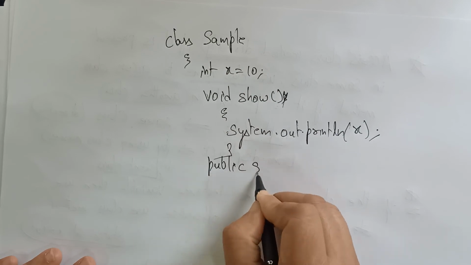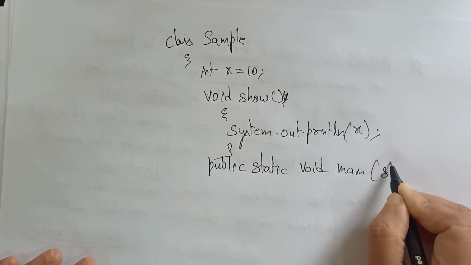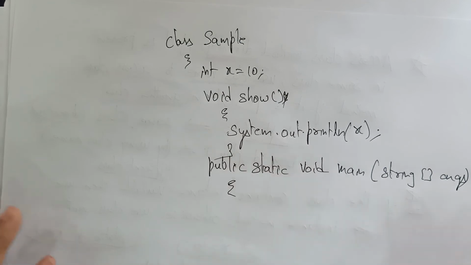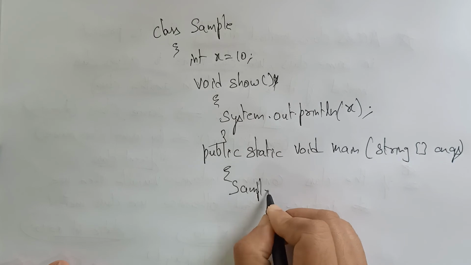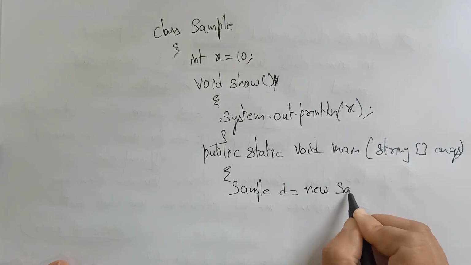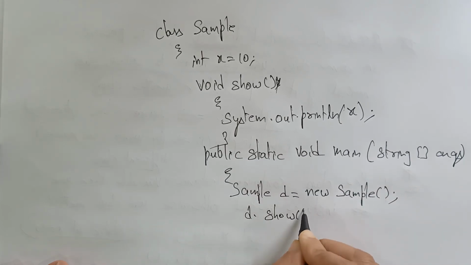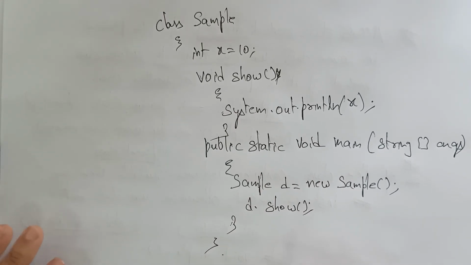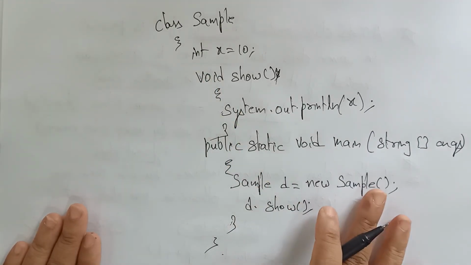Public static void main string arguments. So here, I am just calling with an object reference: sample d is equal to new sample, d dot show. Suppose I mention it like this, will my program execute? Yes, it will execute. It calls d dot show.